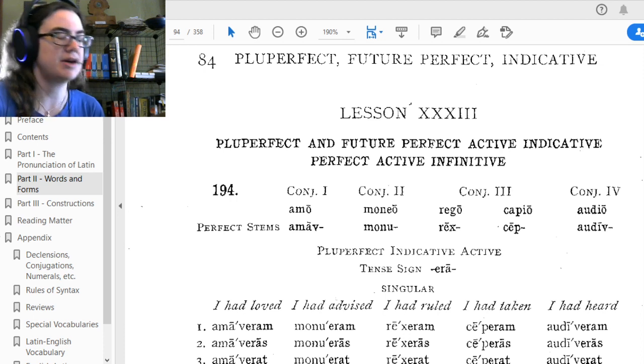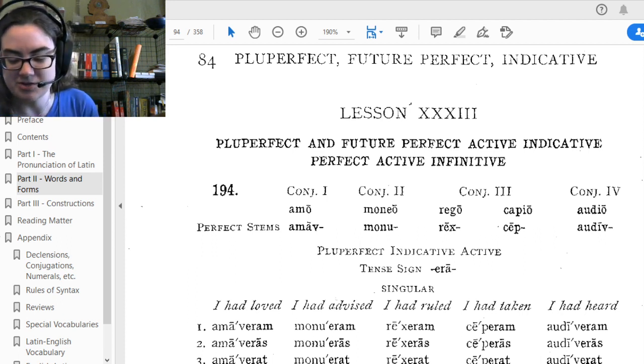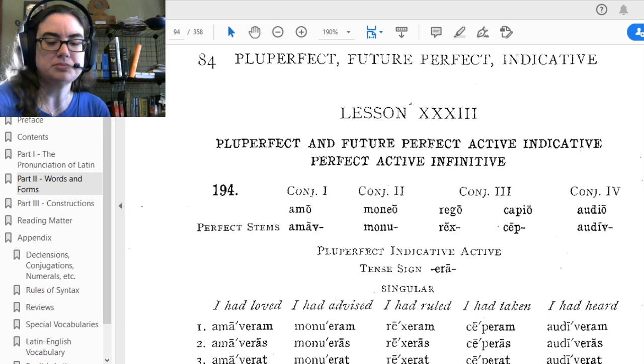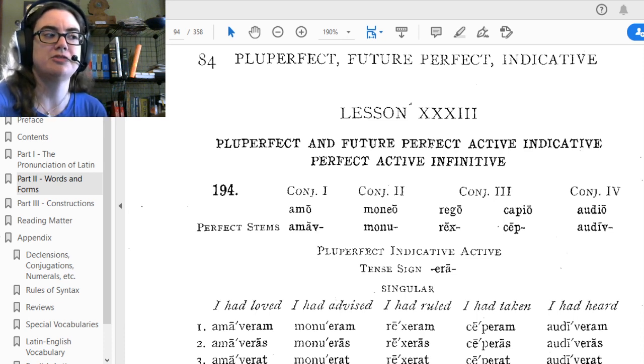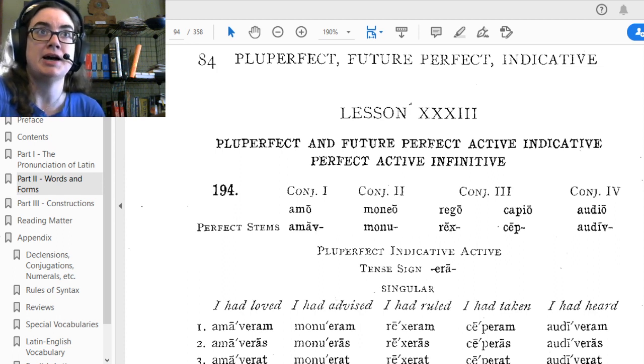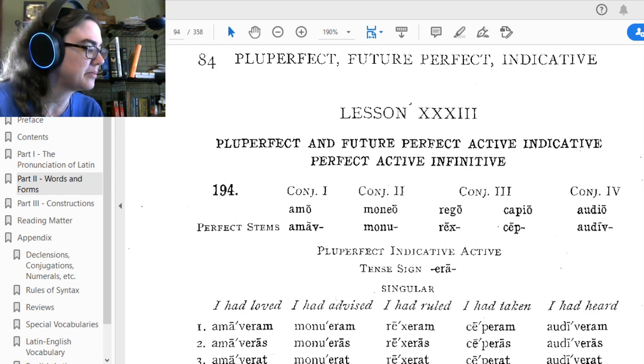So it makes it easy. We need to recall that to get to the perfect active, we need to look at the third principal part that you just have to memorize. And once we've gotten to the third principal part, that's going to be our perfect active first person singular indicative. So we just need to get rid of the I, and that gives us the perfect stem.